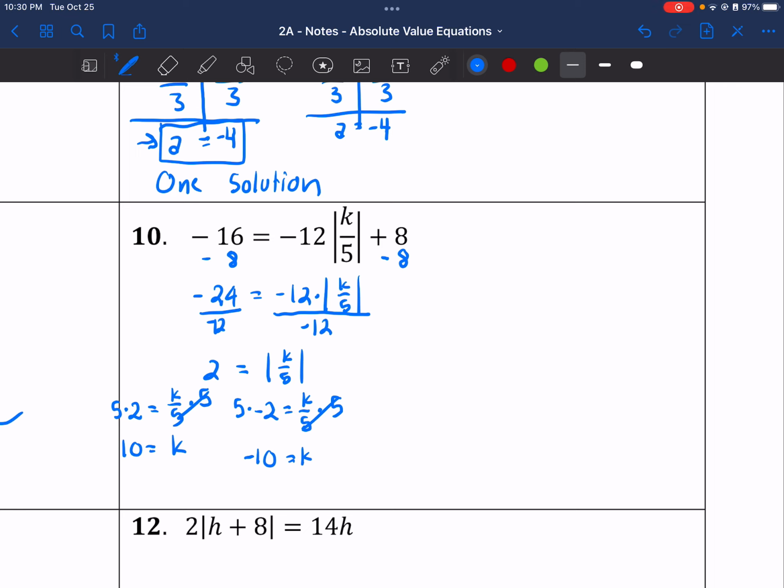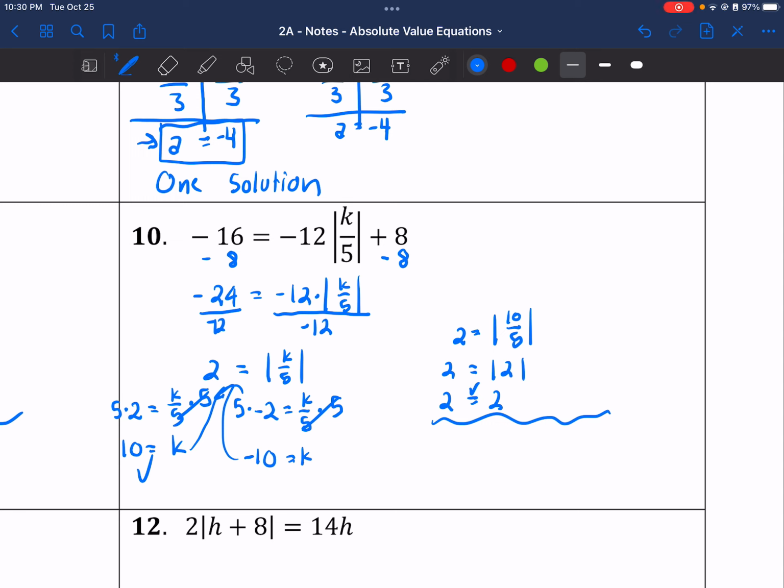We're going to plug these back into our original equation. And we get 2 is equal to the absolute value of 10 over 5. Well, 10 over 5 is just the absolute value of 2, and the absolute value of 2 is just 2. So we know that k equals 10 works, or it is a solution.